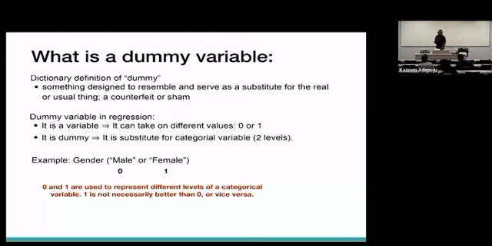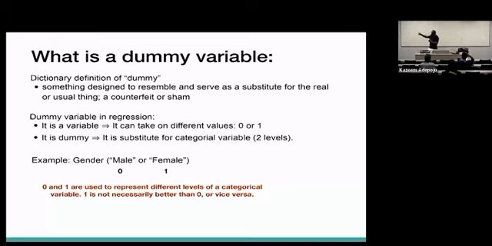It doesn't matter. The numbers we are assigning are just for labeling. The fact that I label female as 1 does not mean that female has numerical advantage over their male counterpart. That is not what we mean. You can decide to use 0 on anyone or 1 on anyone.